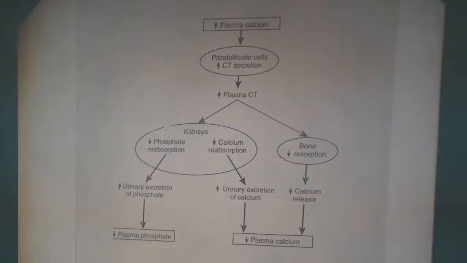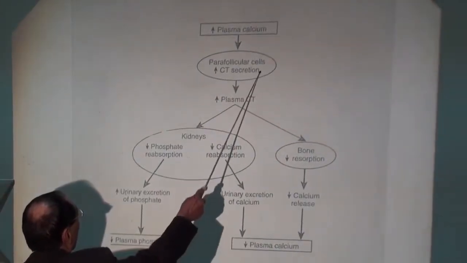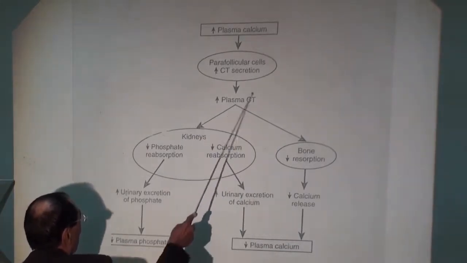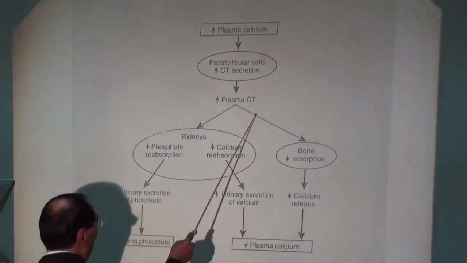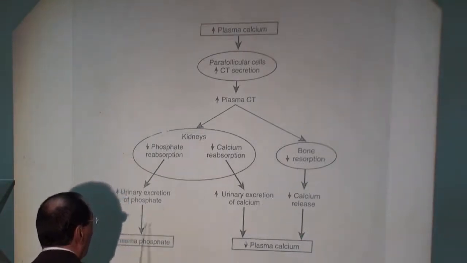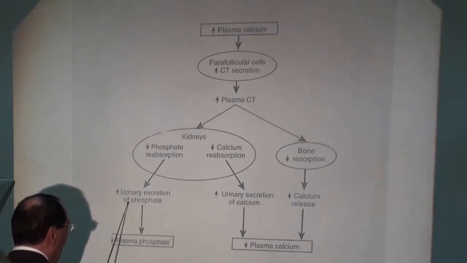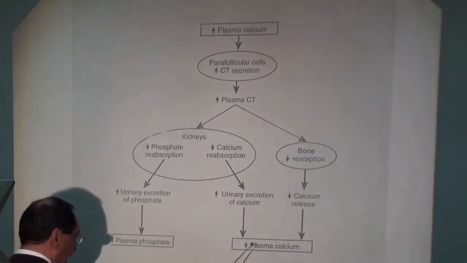You remember calcitonin, produced by the parafollicular cells in the thyroid gland. When plasma calcium level increases, production of calcitonin by the parafollicular cells increases. High plasma calcitonin decreases bone resorption and also increases urinary excretion of calcium and phosphate.